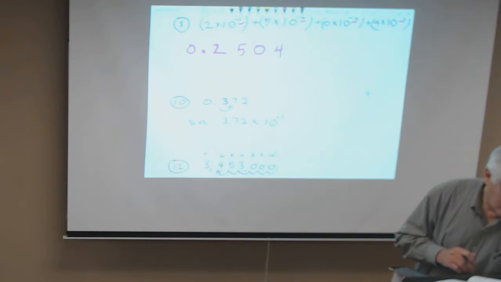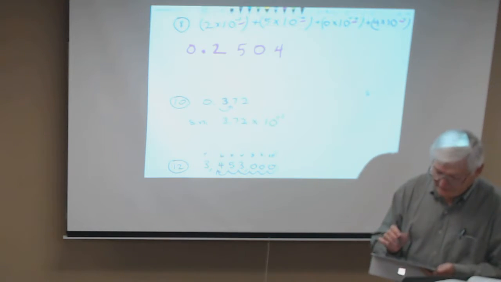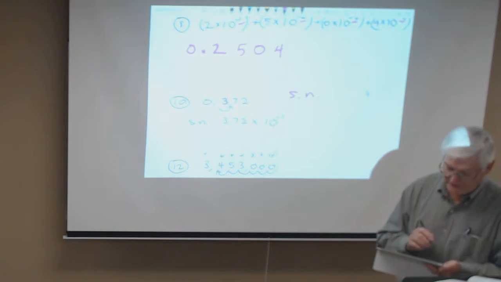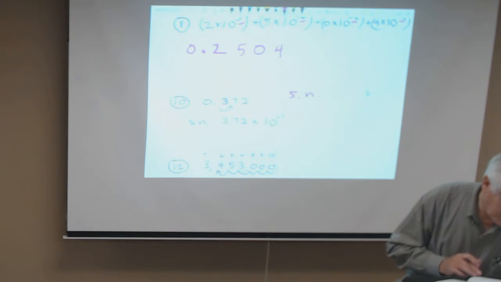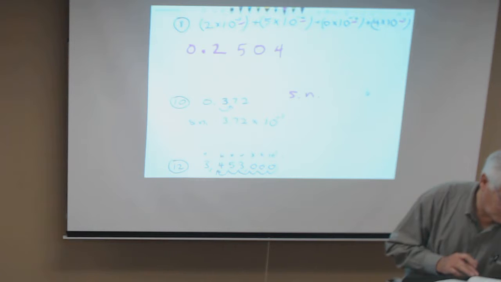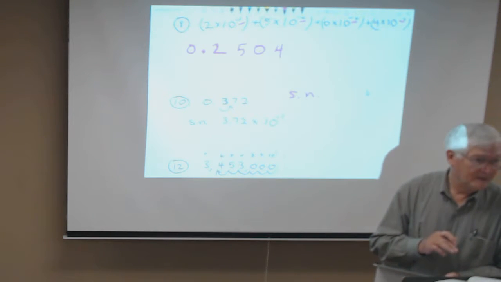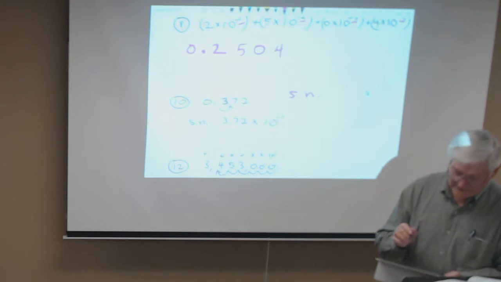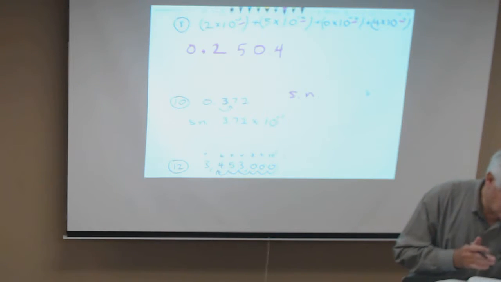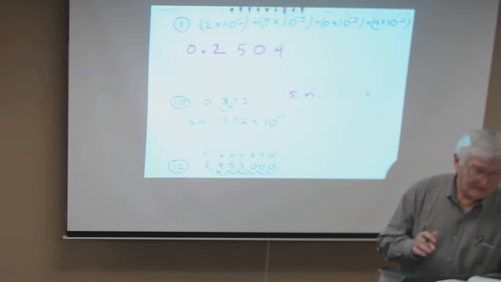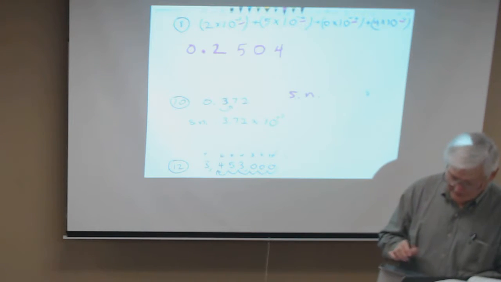Problem number 10. Write each number in scientific notation. Did all of you read on page 272 what scientific notation is? Scientific notation is a number greater than 1 and less than 10 times 10 to some exponent.